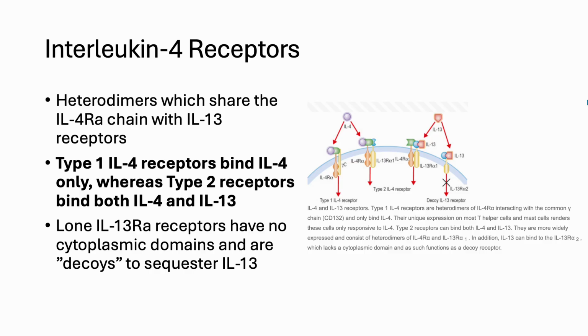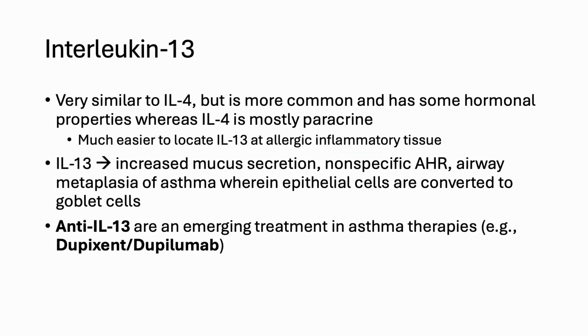This is what I was talking about with IL-1, is that the IL-13RA receptors are decoy receptors, and they can be used to suppress immune responses by sequestering IL-13, which is also really fascinating. So IL-13, these are pretty similar to IL-4, as I said, because they share that same receptor, but these are more longer distance.